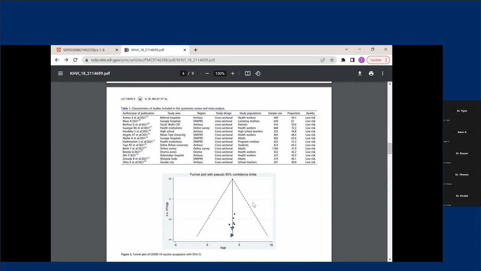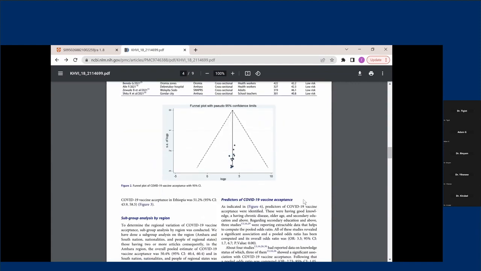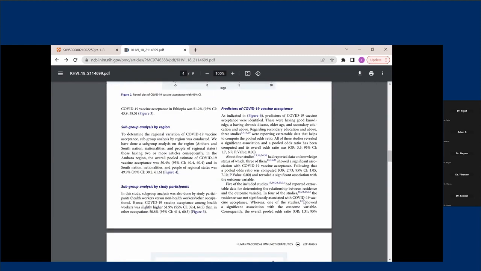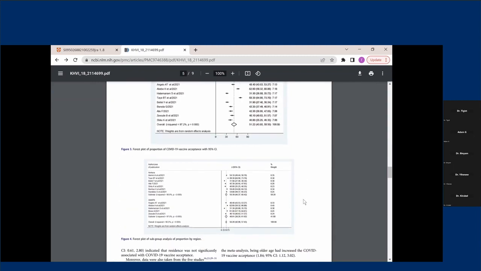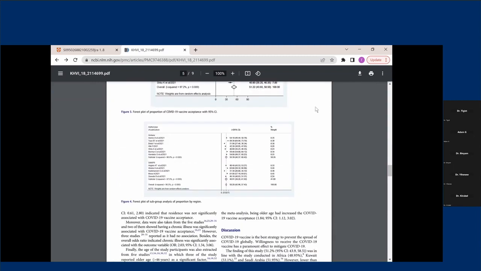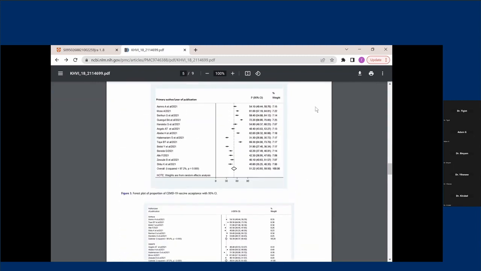Our funnel plot shows that there is a good distribution of papers on both sides, and we can be comfortable to say that there is no publication bias. If there was a publication bias, there is a way to fill that gap using a statistical method, which if you're interested, you can study further.